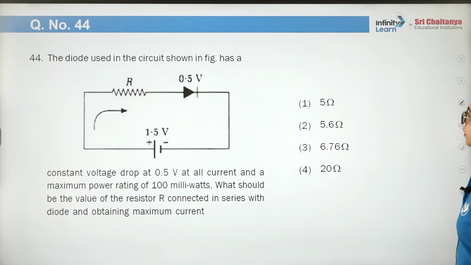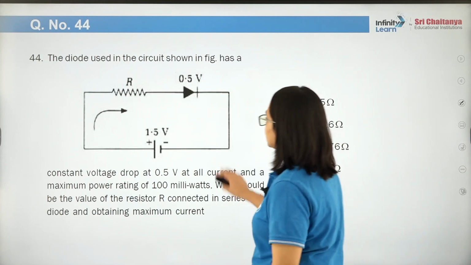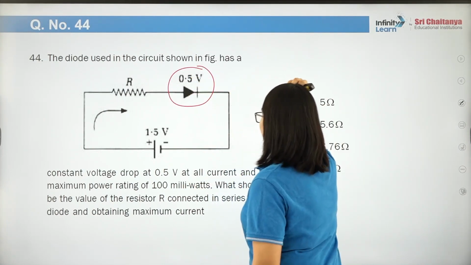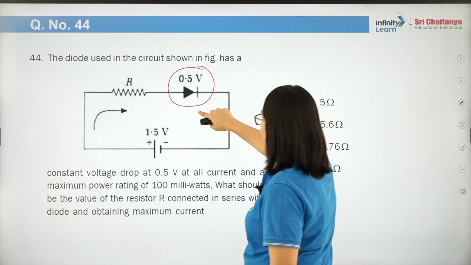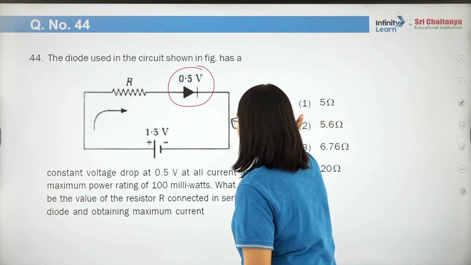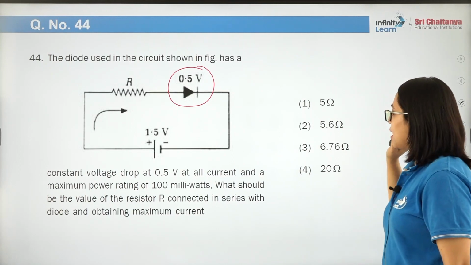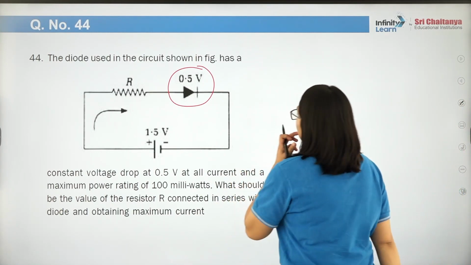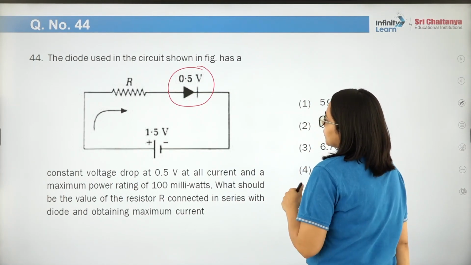Next is question number 44. We have a diode used in this circuit like this. The potential drop across this one is 0.5 volt and maximum power rating is 100 milliwatts. What should be the value of the resistor R connected in series with the diode for obtaining maximum current? So let's find the resistance of the diode.